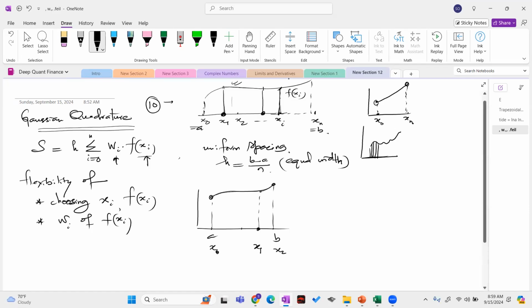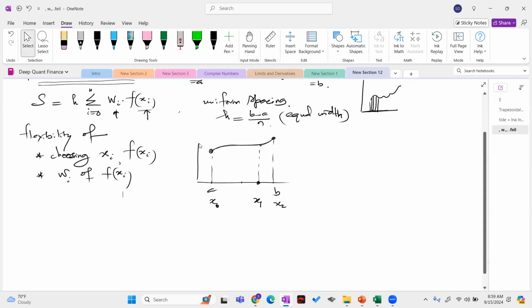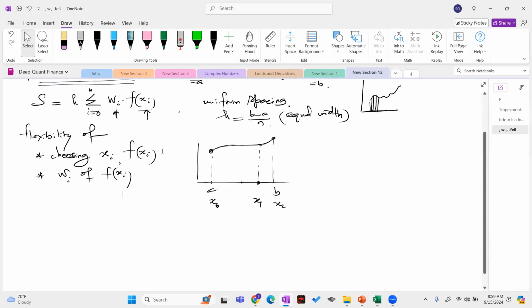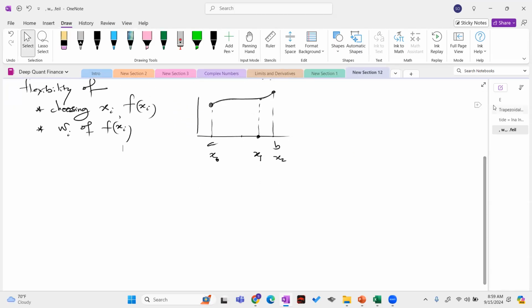Now using this idea, let's slowly develop the formula, and then I'll show you what people have done over the years, and you will see how accurate this is.